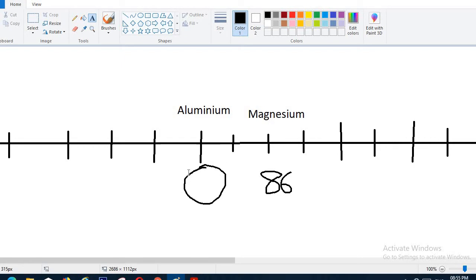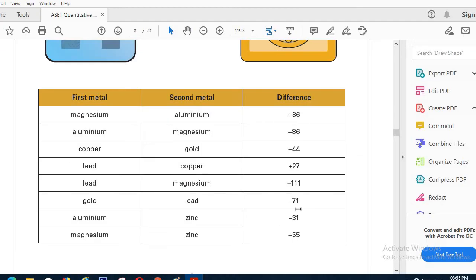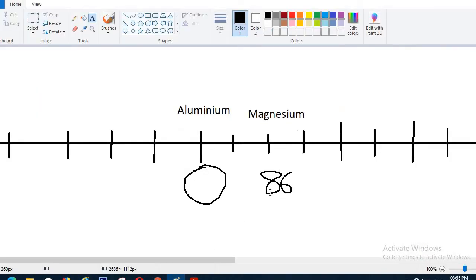That lets you think that the reactivity of lead will be negative. How much negative? This is 111. How much do you need to add to magnesium to get 111?